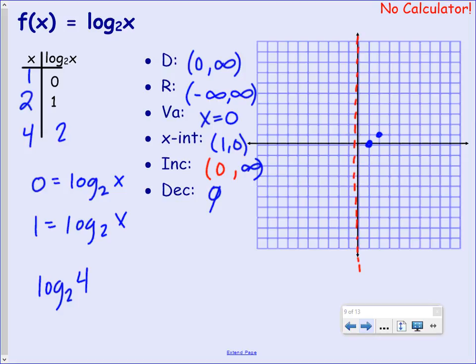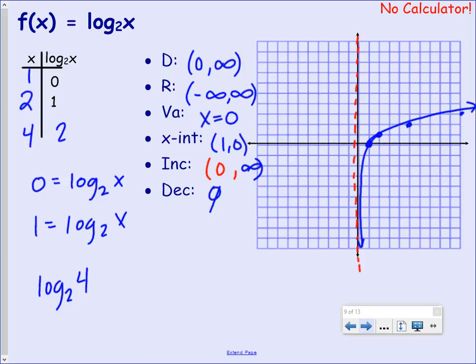So you have the ordered pair (4, 2) on your graph. Another good one would be 8. What exponent of 2 gives us 8? 3. So we would have (8, 3) if you want another one. So this side is slowly increasing, where this side comes down to that vertical asymptote, and it's going towards negative infinity very fast on the left side of the asymptote.